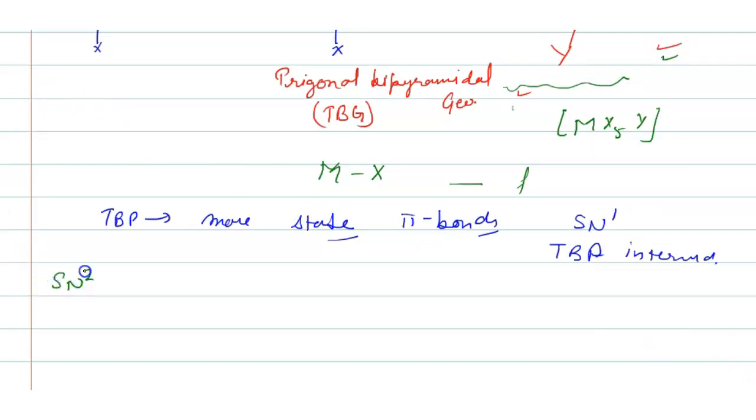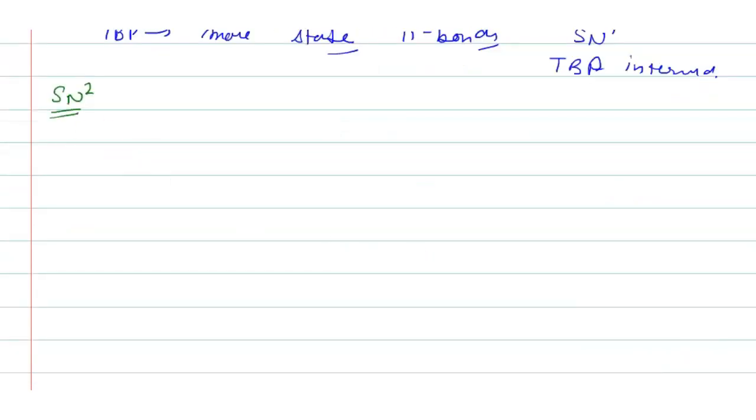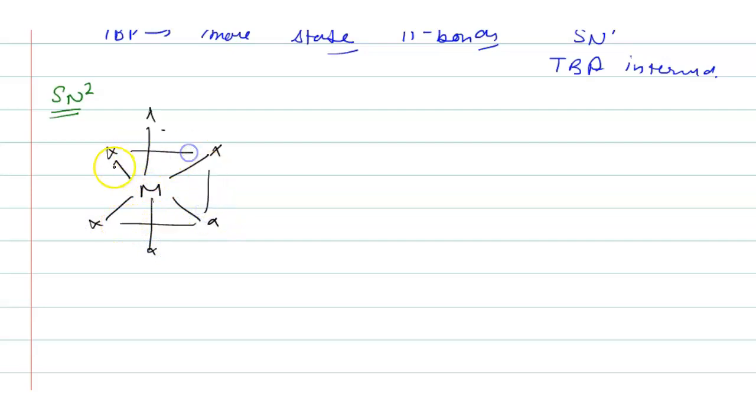For the SN2 intermediate, here we will write the complex, that is an octahedral complex, and this is slow to add. Why?